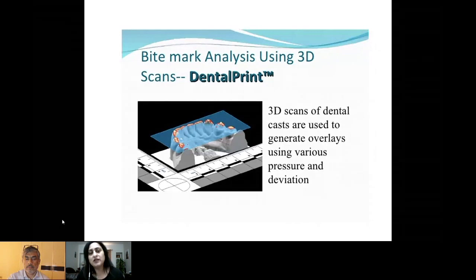So there will be constant variations, but all those stress variations and the amount of force inflicted during each bite can be recorded and mimicked using these digital prints, which are very useful.